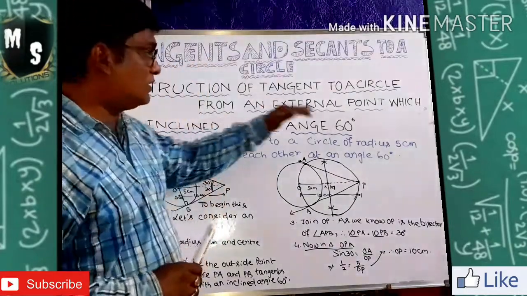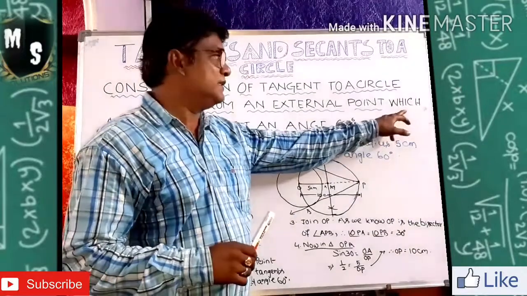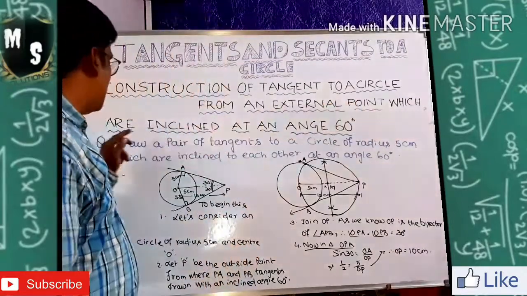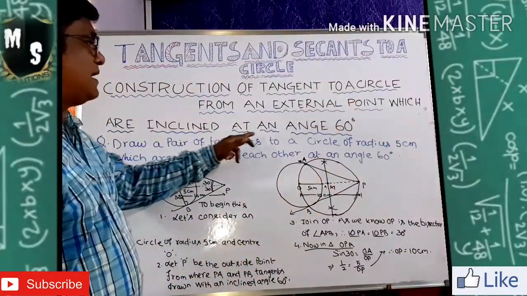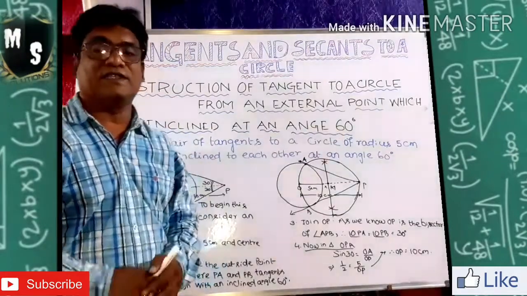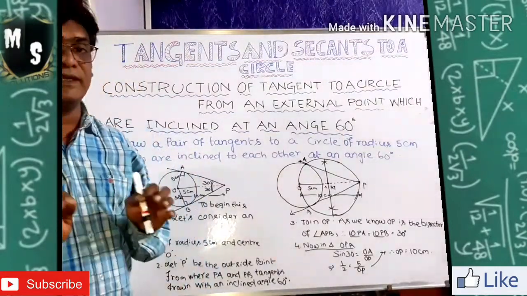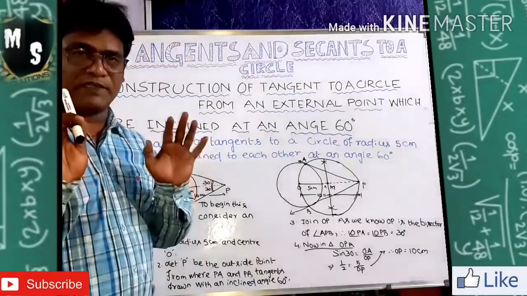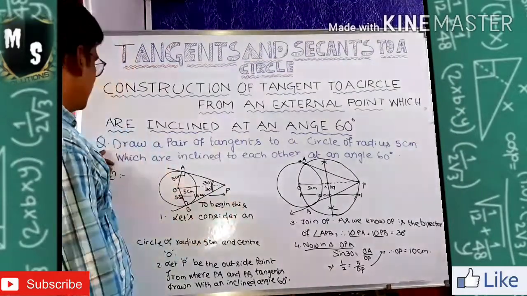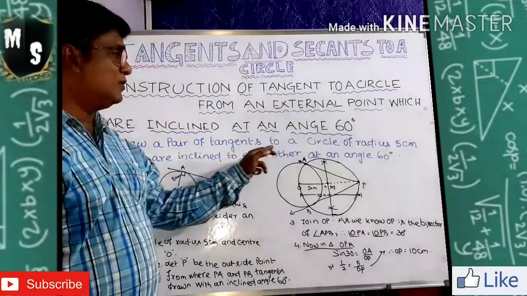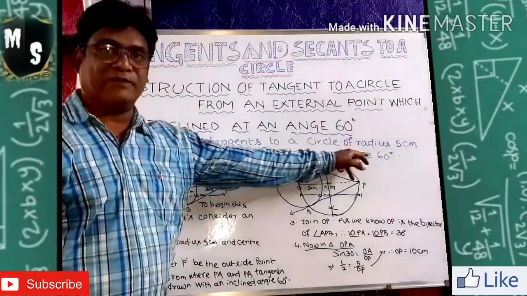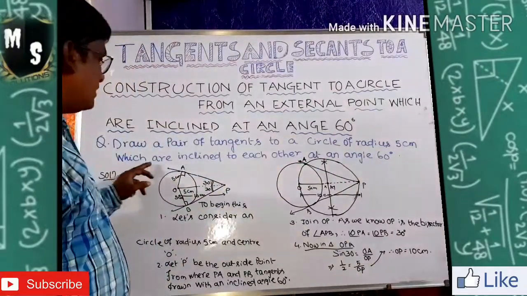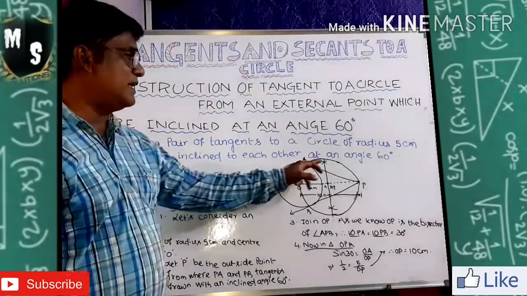But after that, the tangents are inclined at an angle of 60 degrees. That means I am explaining through a question. The question is: draw a pair of tangents to a circle of radius 5 cm which are inclined to each other at an angle of 60 degrees.